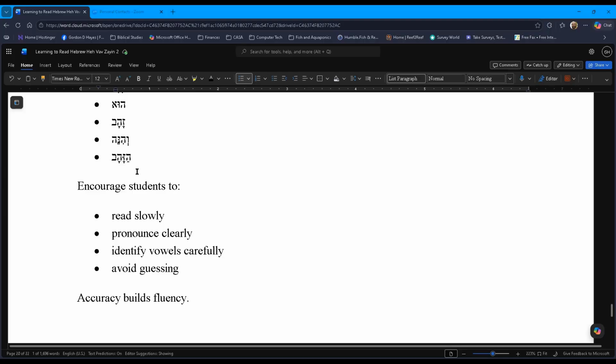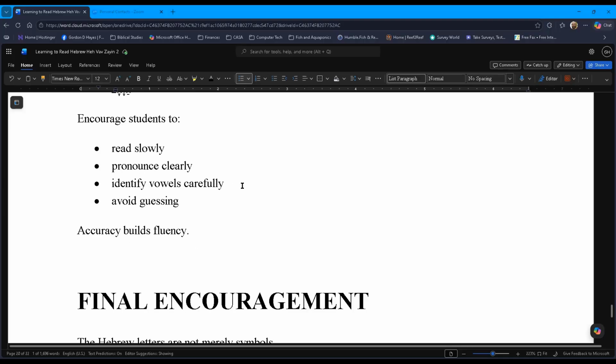Identify the vowels carefully and don't guess at it because guessing creates bad habits. Accuracy will build fluency. If we practice it slowly at first and get that accuracy, it will build a fluency in our reading later on, and we'll appreciate it.